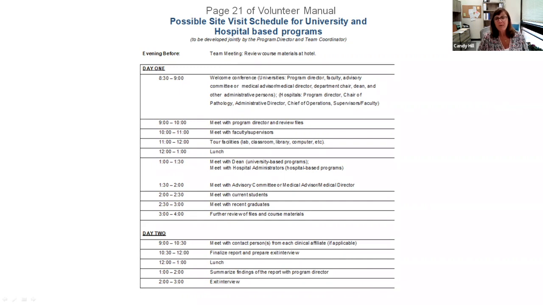First of all, they get a meal. It's kind of an appreciation of being there, but during that meal, the site visit team uses it as a working lunch, and they ask them the questions that they need to ask so that they can check the boxes on the site visit report.